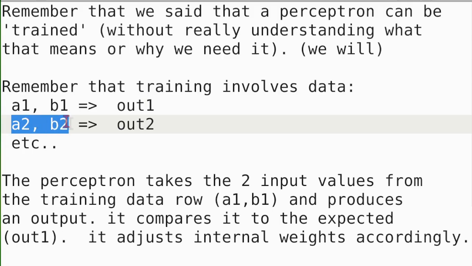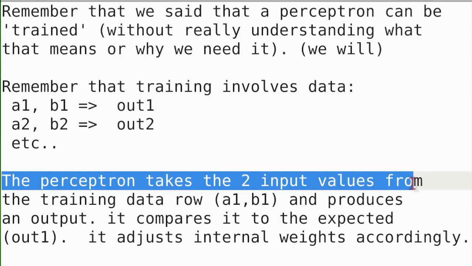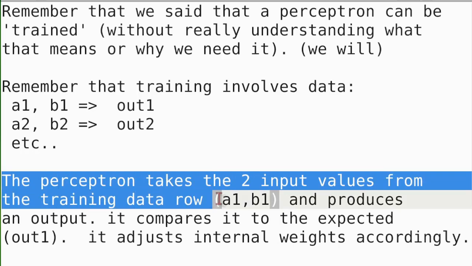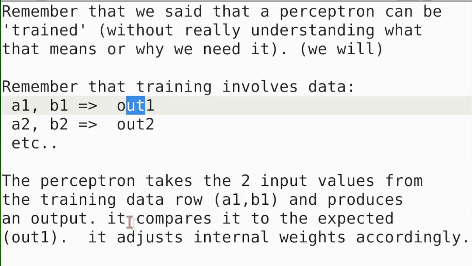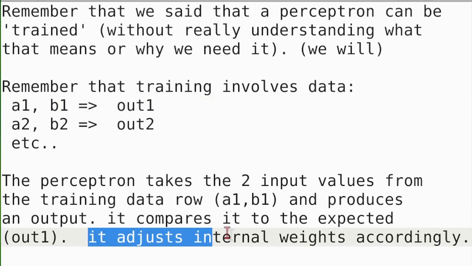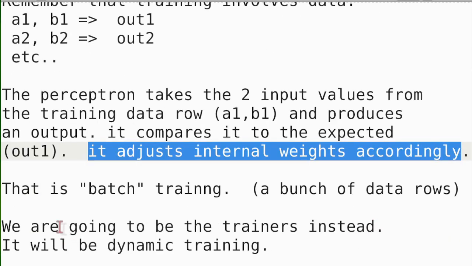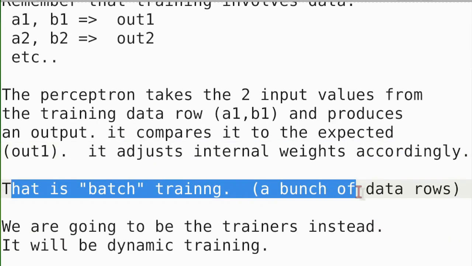Given this input and this input, you should output that value, etc. Right? So the perceptron takes the two input values from the training data, for instance, A1 and B1, produces an output, out1. Then it compares it to the expected output, out1. It adjusts, this is the key part, it adjusts internal weights accordingly. That's the training. Now, that's batch training, a bunch of data rows, essentially.